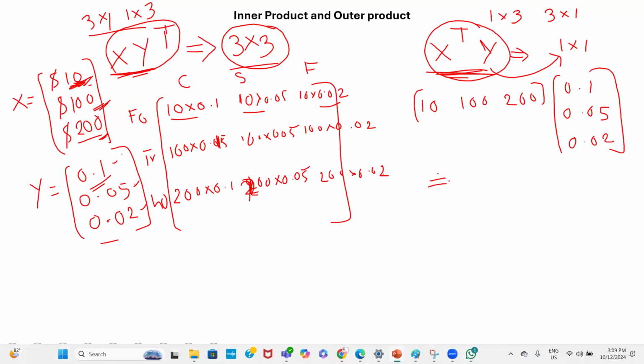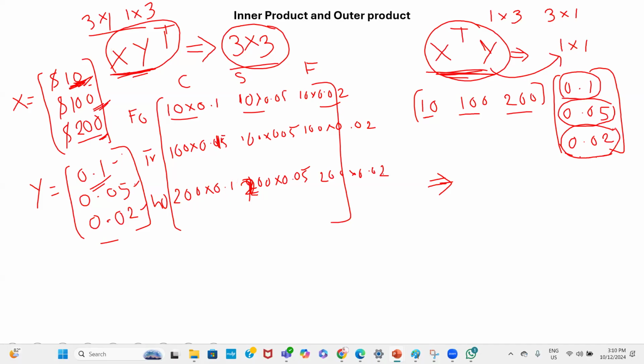Let's suppose this is how you have to look at it. This is the spend on food, this is the spend on my travel, and this is what I have spent on accommodation. And this is the total tax collected on my food, this is the tax collected on my travel, and this is the tax collected on my accommodation.